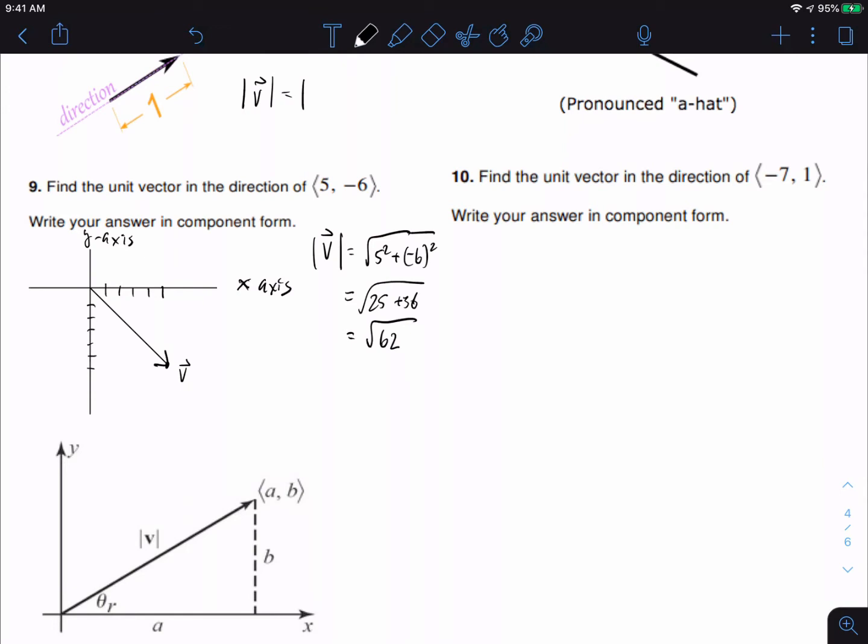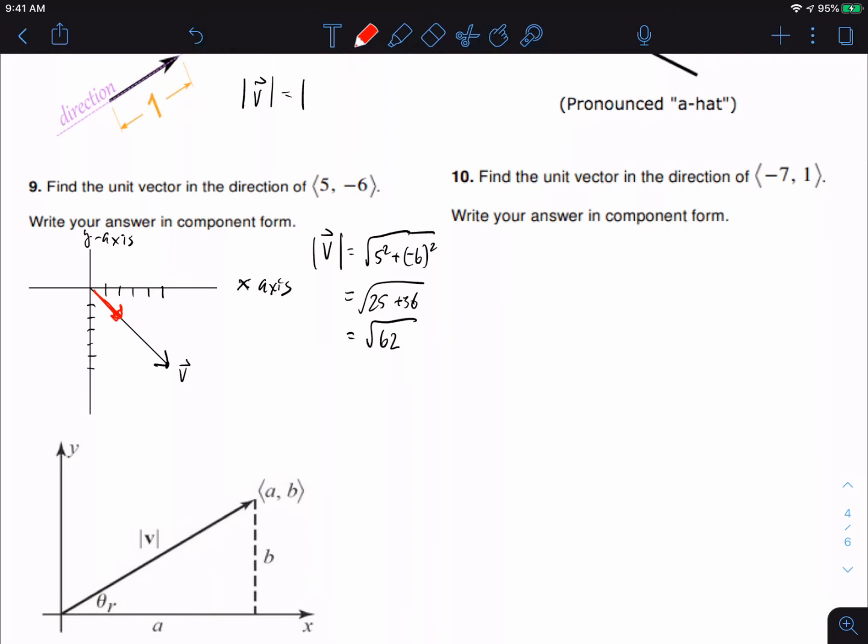Okay, so that is the magnitude of this vector. Now, the vector that they're asking us to find is the unit vector, and that thing's supposed to have some magnitude that's equal to 1, right? So in order to be able to make it equal to 1, this is the trick.